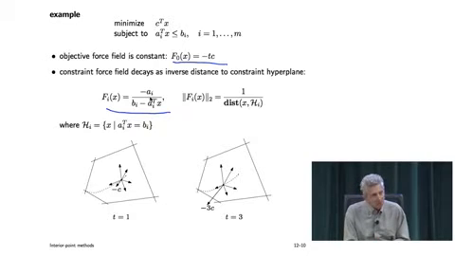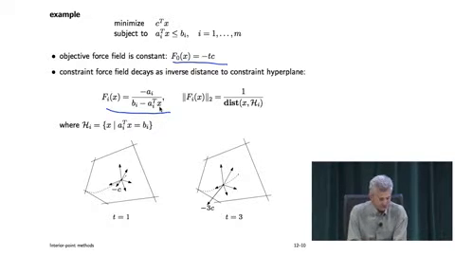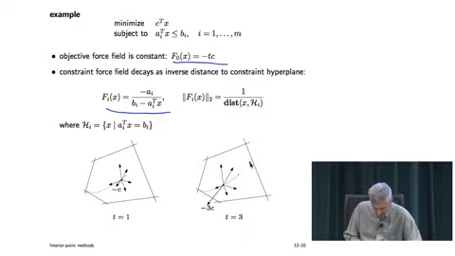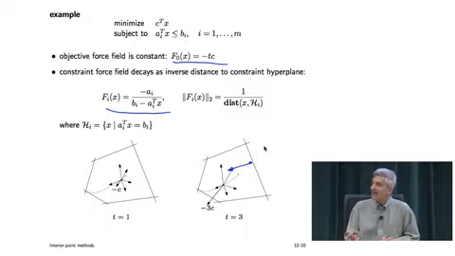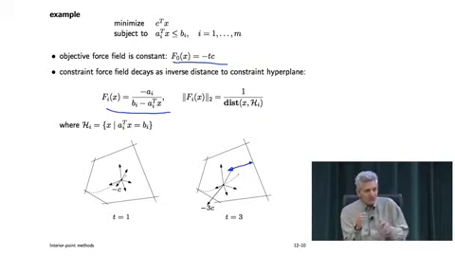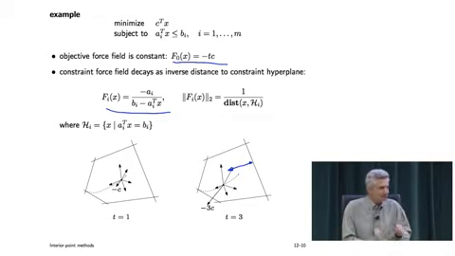It always points away from the plane, and it's with exactly an inverse distance magnitude, right? So for example, if that's a linear inequality that says please stay on this side of the linear inequality, the force field here will point away from this thing, and the magnitude will be inversely proportional to how close you are. Okay, so as you move closer, you get a very strong repulsive force, right?